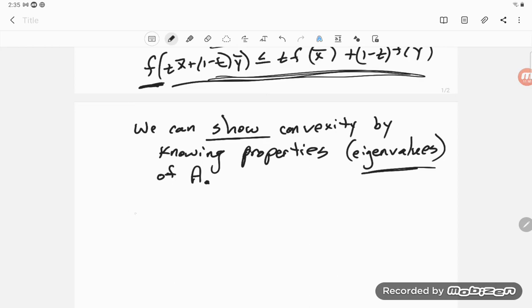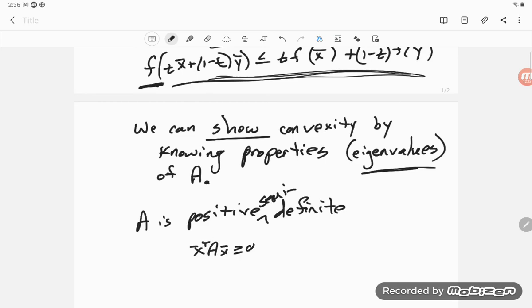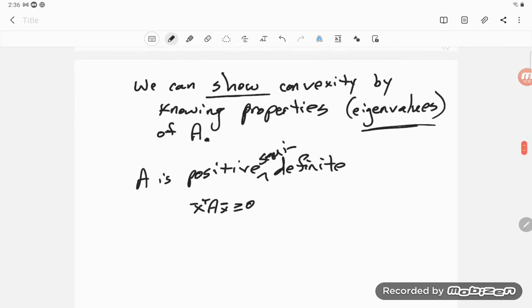Then similarly, if A is positive definite, or we'll toss in semi-definite, it's a property on this multiplication that defines our positive semi-definite.